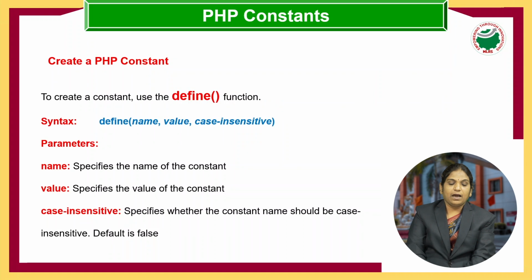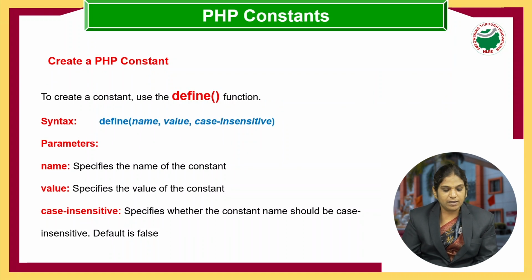Now we will see how to create a PHP constant. To create a constant, we use the define function. The syntax is define, where the first parameter is the name of the constant, the second parameter is the value, and the third parameter is optional, that is, whether you want it to be case insensitive or case sensitive, but by default it is false.